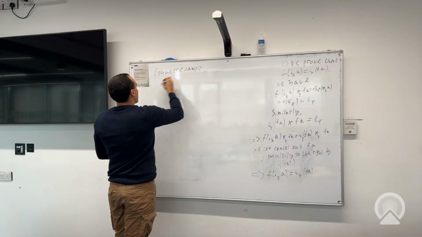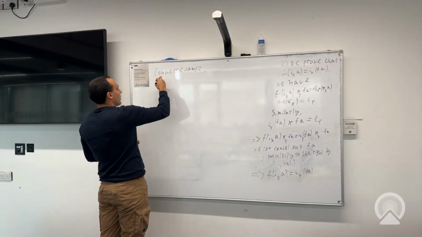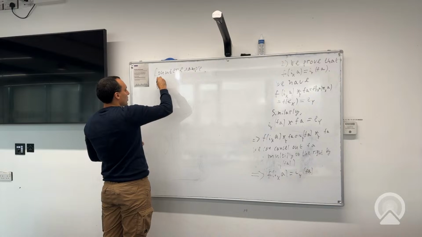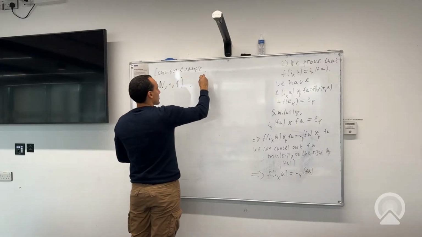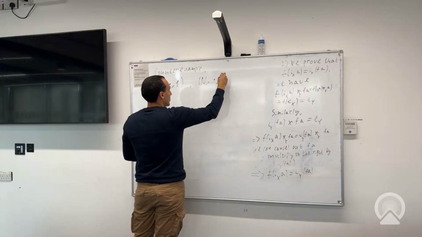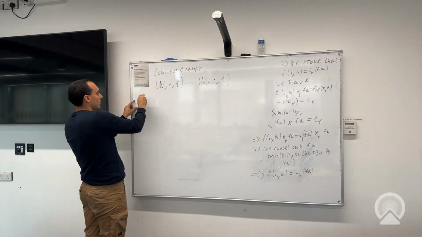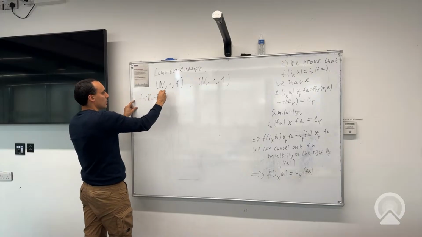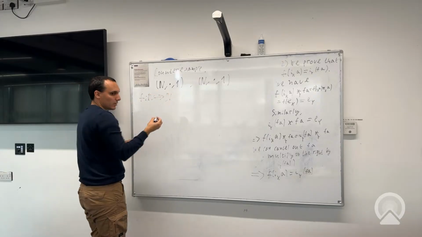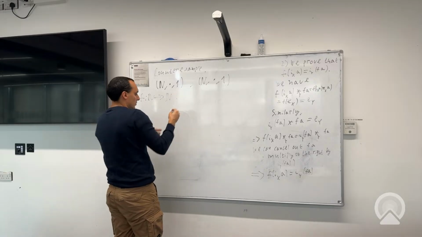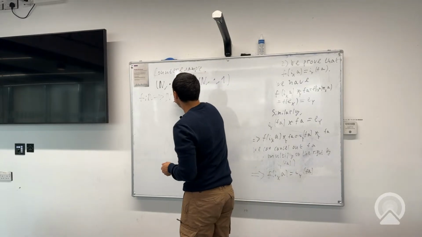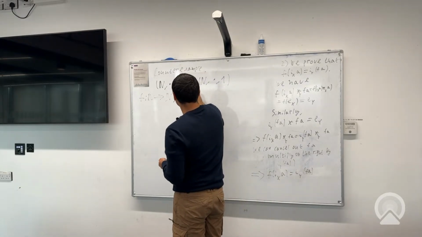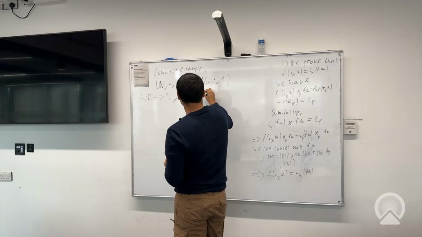We have the positive integers with multiplication and identity 1, and again the positive integers with multiplication and identity 1, and we define f from N to N by f of x equals 1 for all x, no, f of x equals 0.